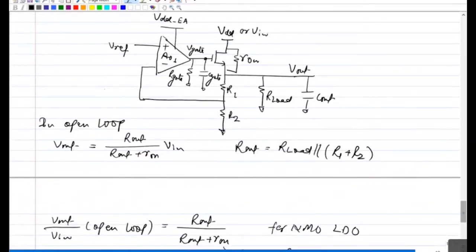So when this appears in the open loop, is there any other component here, or are we missing something? Can anybody tell? So C out? No, forget about C out.